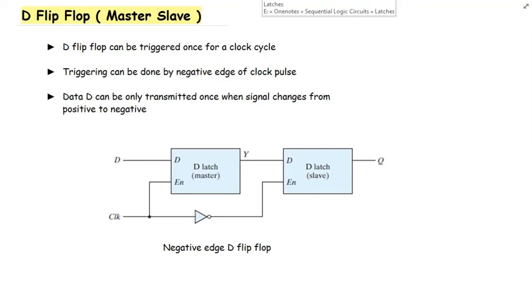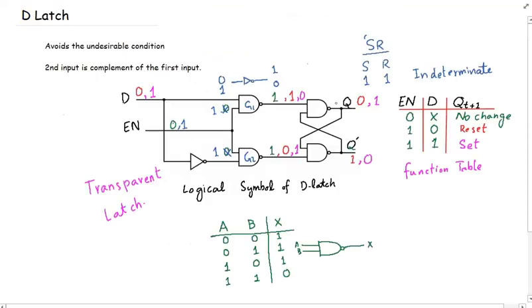Let's review it back. Here we can see the internal circuit diagram of a D latch. Given different input signals, let's analyze the outputs. If enable is equal to 0, whatever data is applied at D, output will not change. Then if enable is equal to 1 and D is equal to 0, output will be equal to 0.